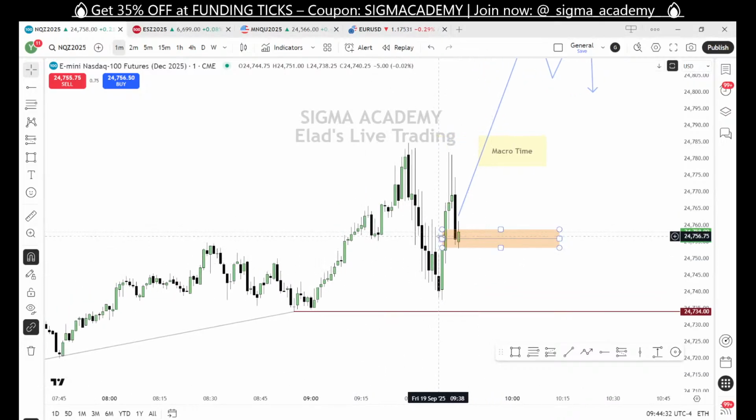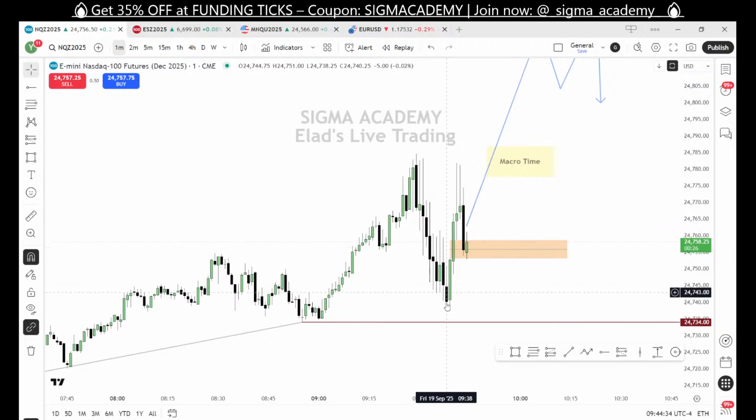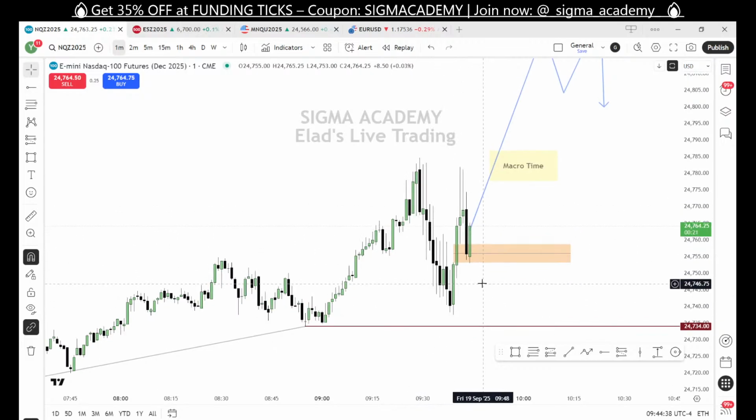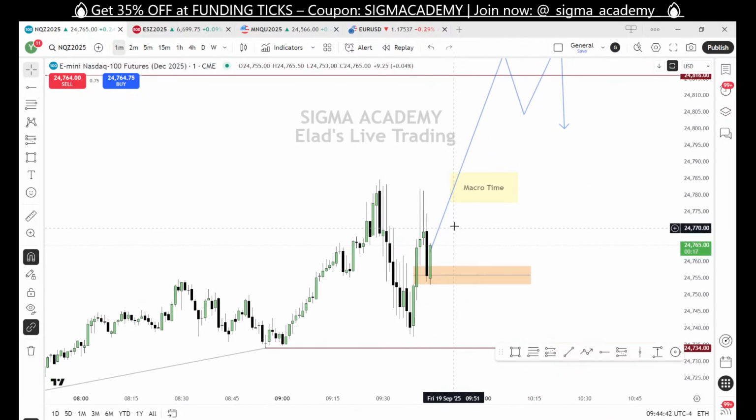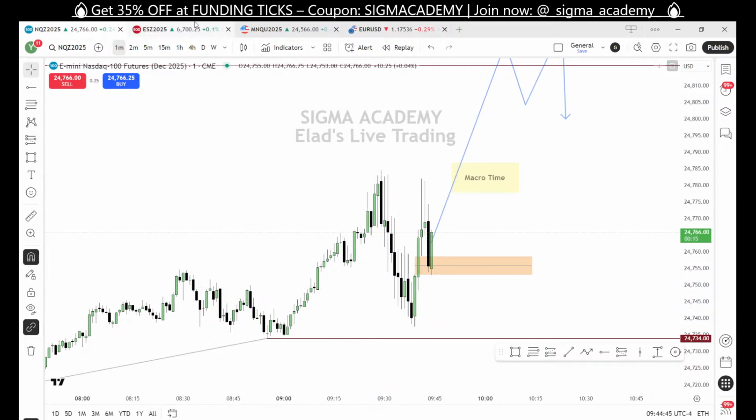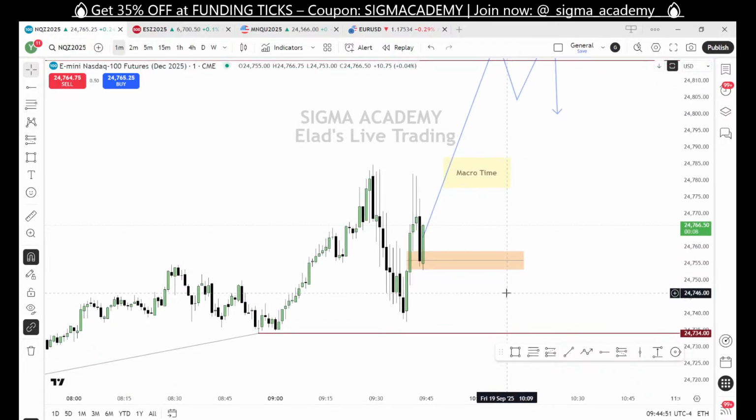Most of the ICT traders will take this long because we have MSS, fair value gap to the upside. But we have not taken any liquidity yet.